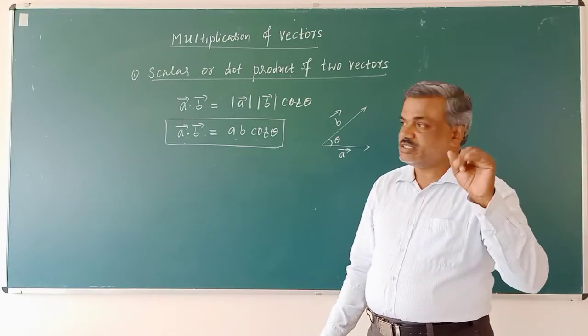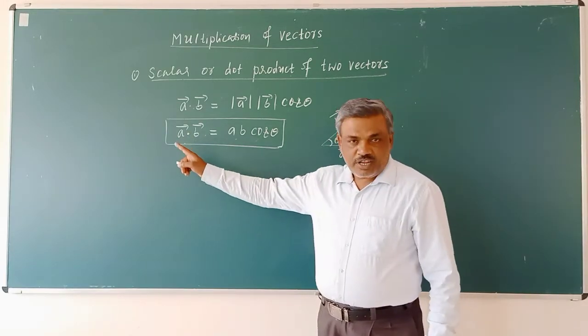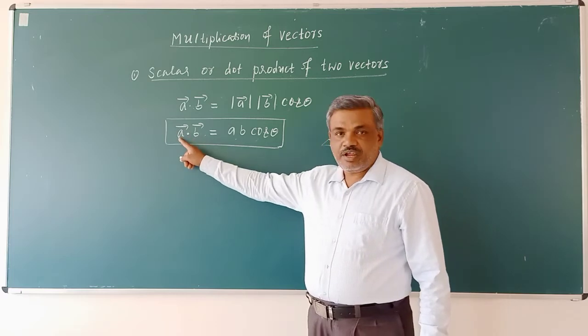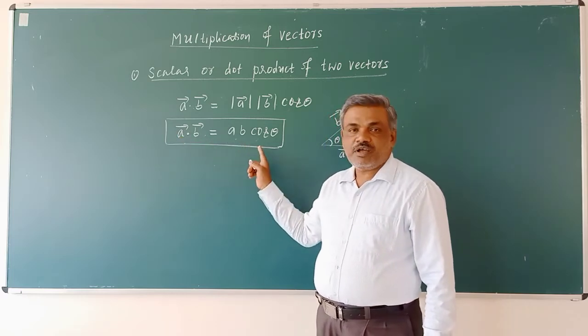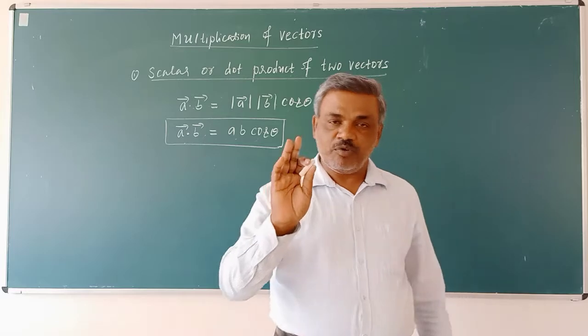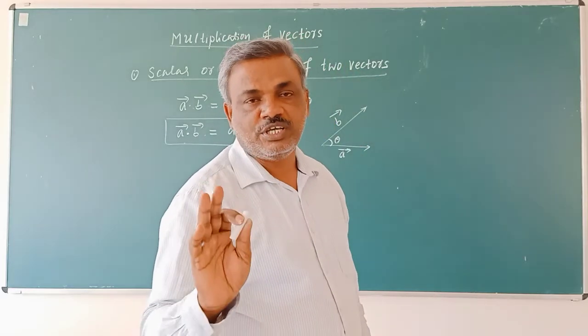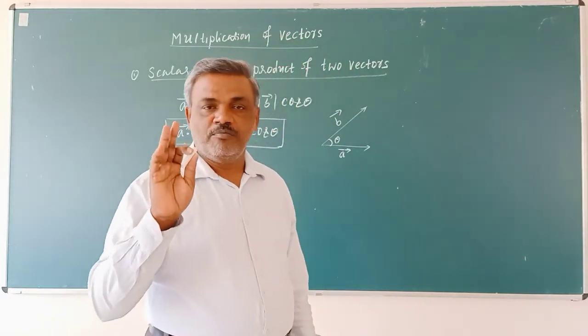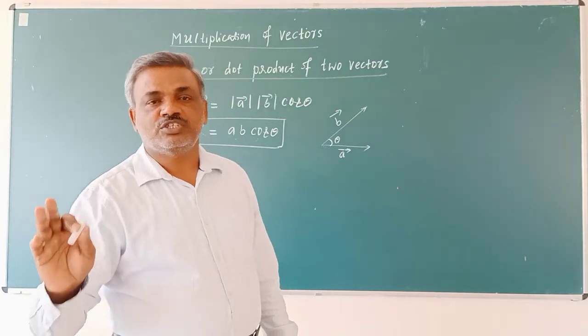The mathematical expression is A dot B equals AB cos theta. The dot product or scalar product is used to measure work done, power, and gravitational potential energy.